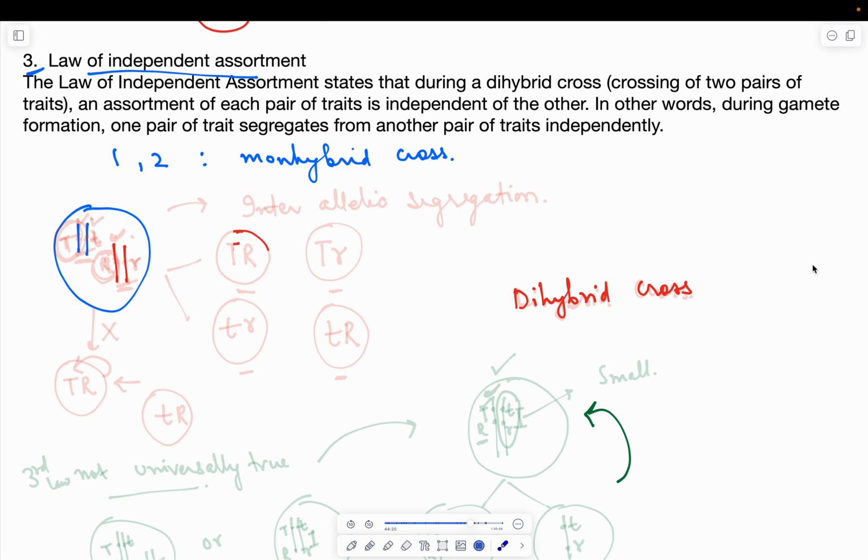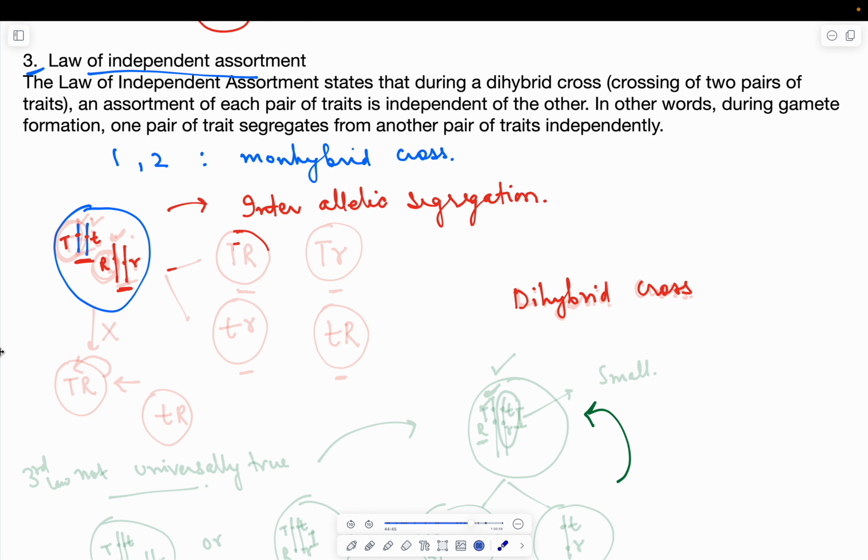We'll draw a pair of alleles here and also here. Now you will see the relation between this pair of alleles and a different pair of alleles. So now you have to focus on inter-allelic segregation during gamete formation.